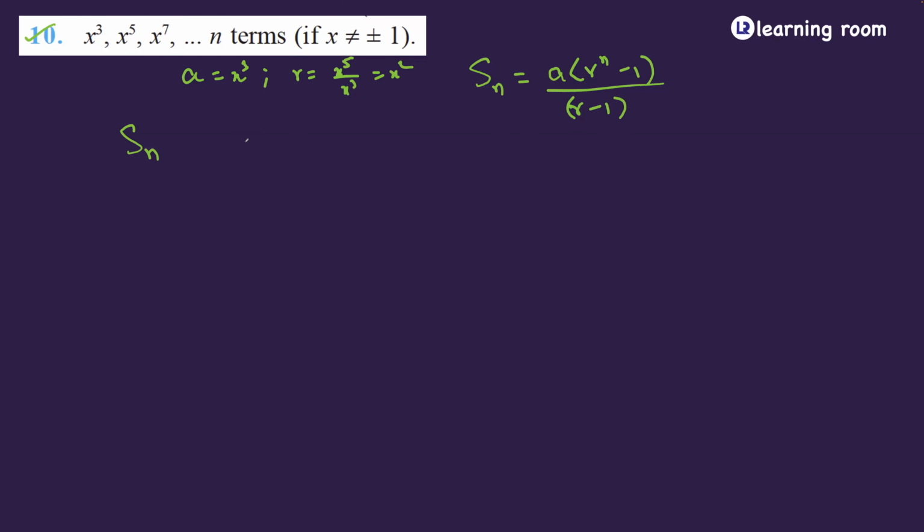x cube into r is x square, no? So can I write it as x cube into x power 2n minus 1, the whole divided by x square minus 1. Correction. By x square minus 1. Right?